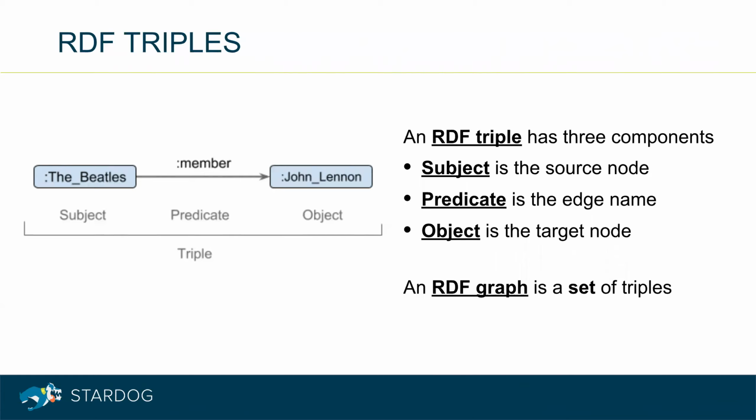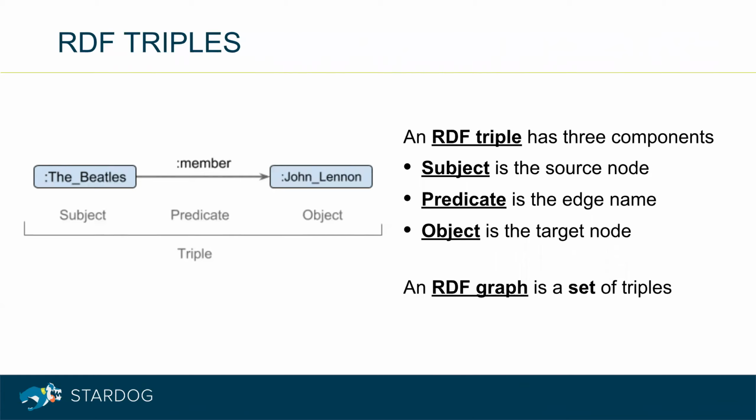So RDF has a special vocabulary to refer to the nodes and the edges in a graph. An edge is called a triple because it has 3 components. The source node of the edge is called the subject. The target node is called the object, and then the edge identifier for the relationship between those 2 nodes is called the predicate.